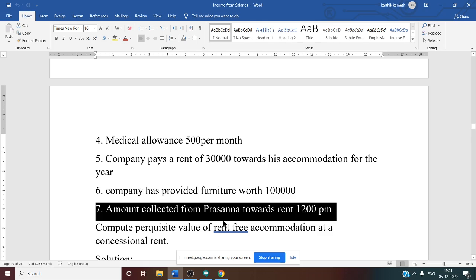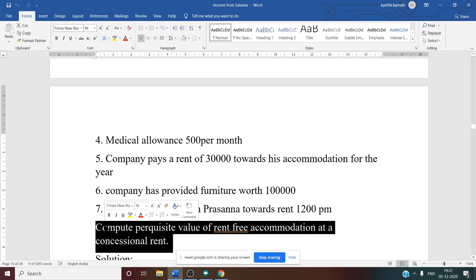See, this person is an employee, so it is rent recovered from the employee. So after doing all the calculation, you have to deduct this amount. You have to minus this amount. So 1,200 into 12. Then you will get the final value of RFA.